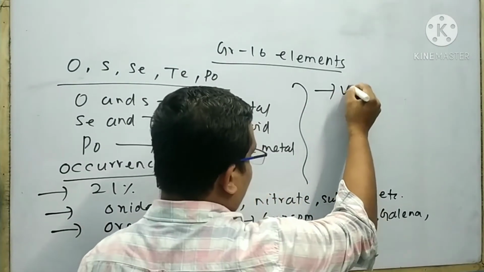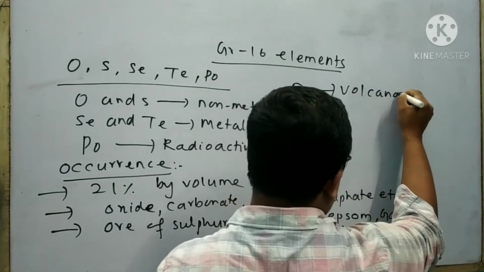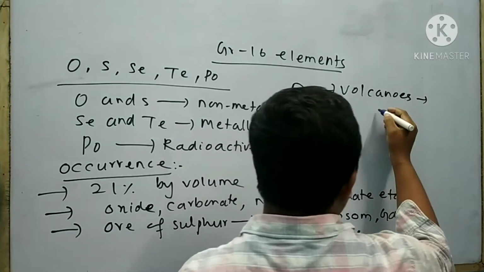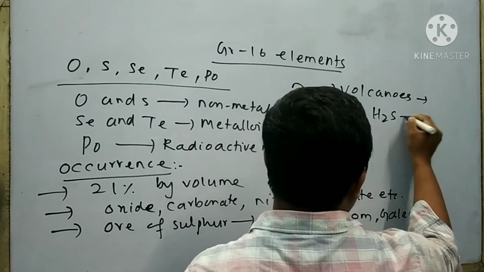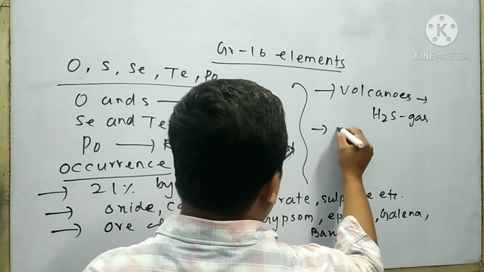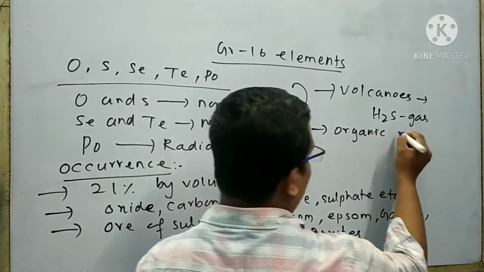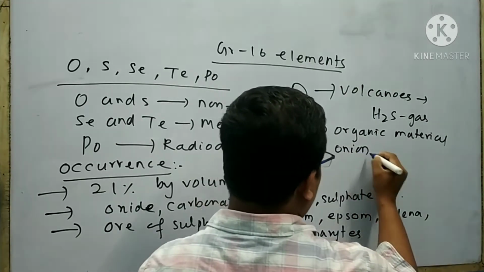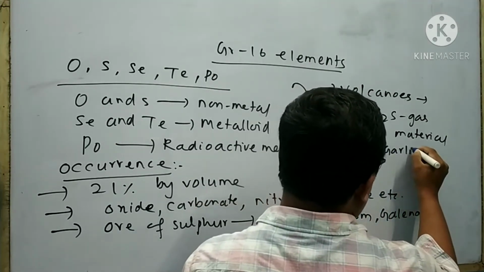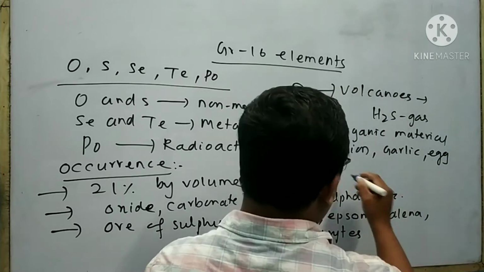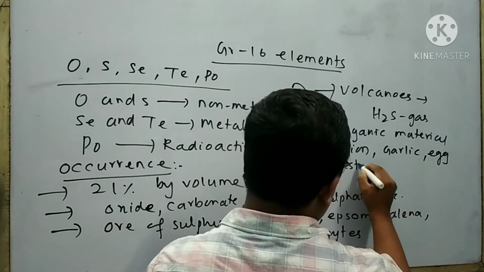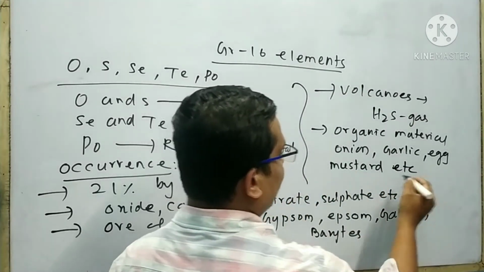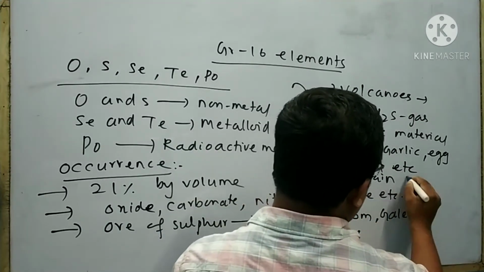In volcanoes, sulfur is found in the form of H2S gas. Organic materials like onion, garlic, egg, mustard, etc. contain sulfur.